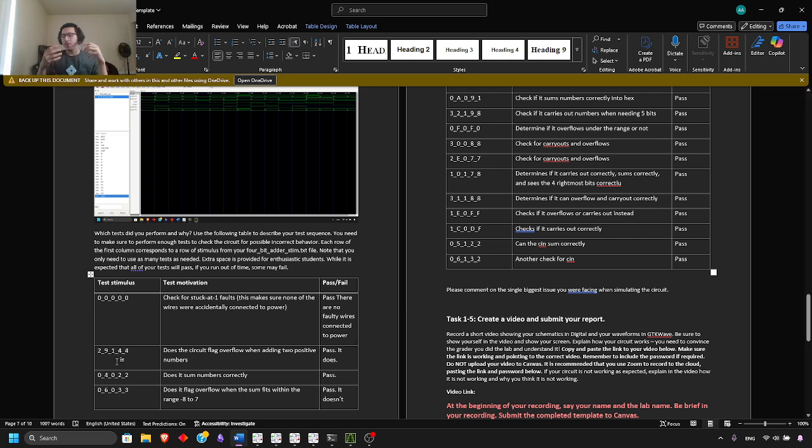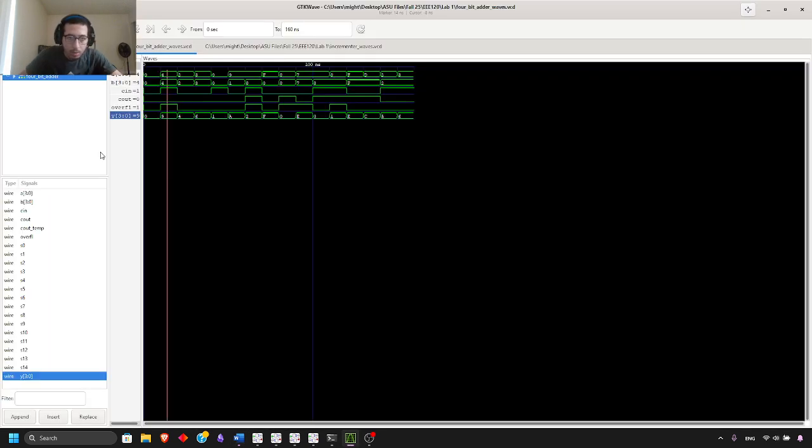Since they're all positive numbers, it's outside the range because they're only 4 bits, so the signed numbers only have a limited range. And in this case, when we check the GTK wave, we get that overflow equals 1, and we're actually correct.